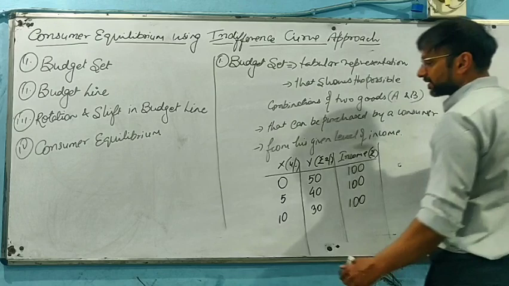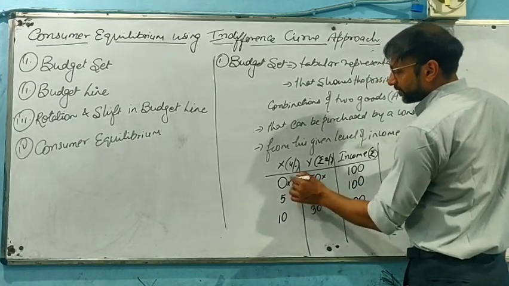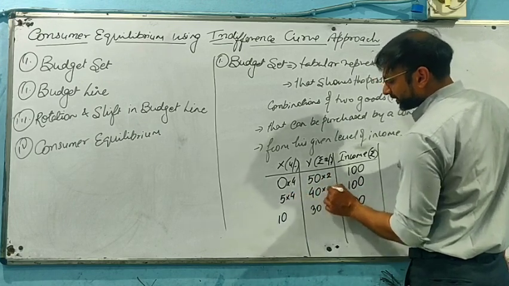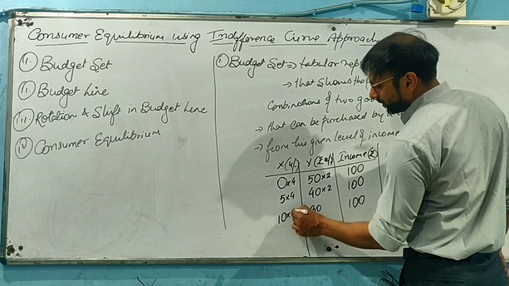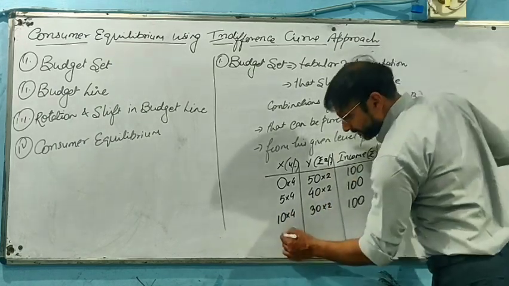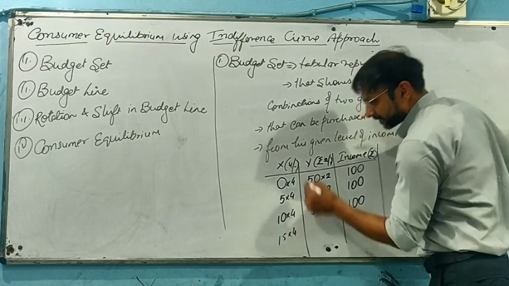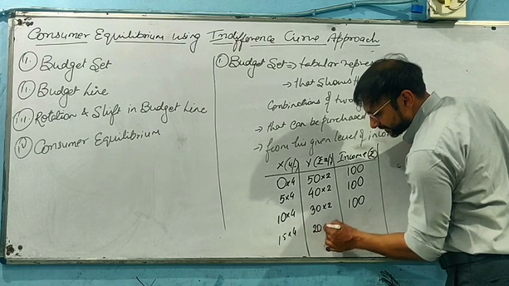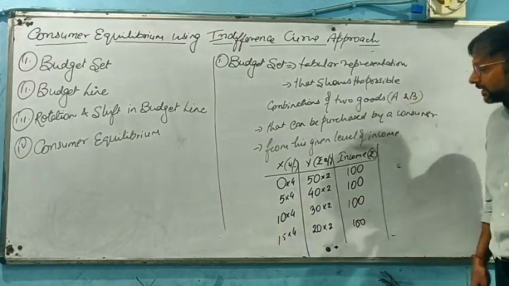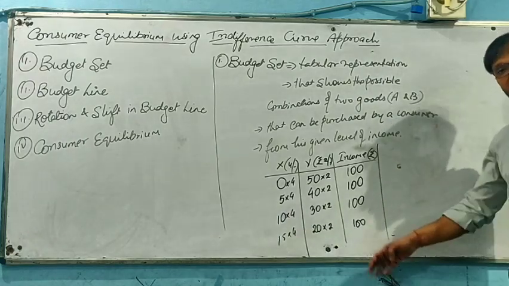See, how can we measure it? If we multiply this by 4 and this by 2, you will get the entire amount equal to 100. Fine. Again, if a consumer would like to buy more units of X, they will have to sacrifice more and more units of Y. Again, the amount of expenditure will be the same.